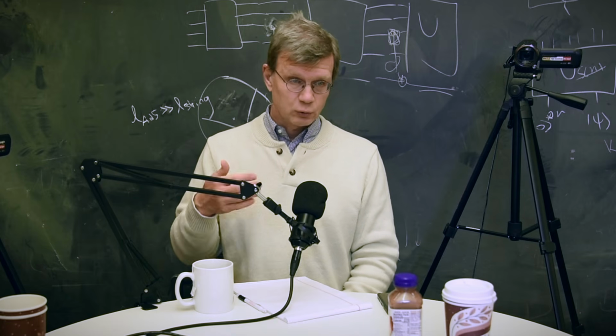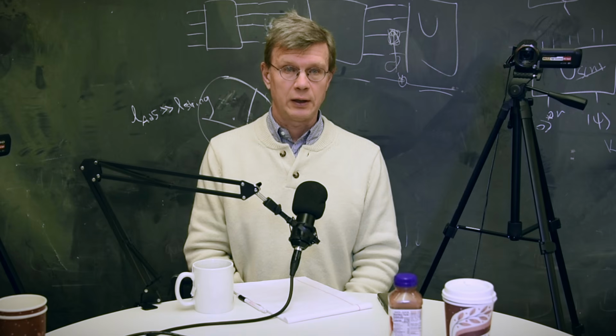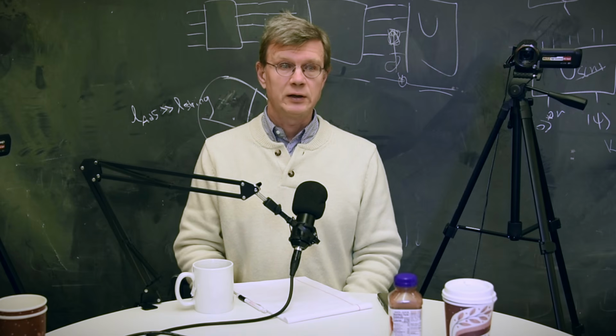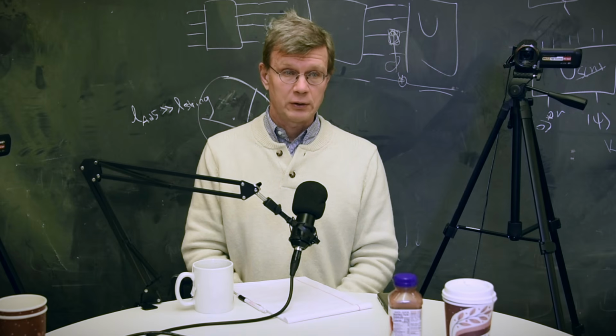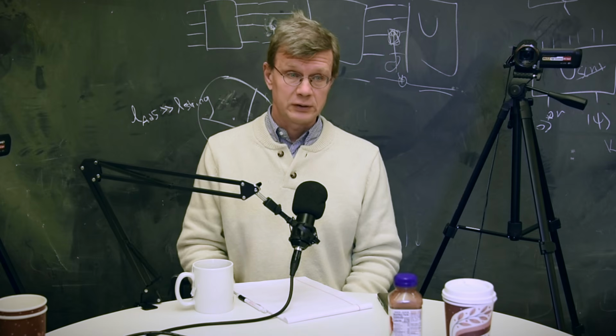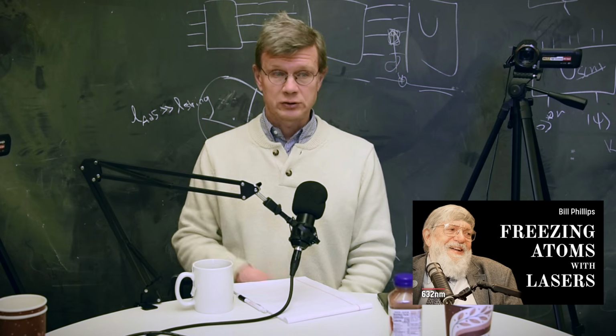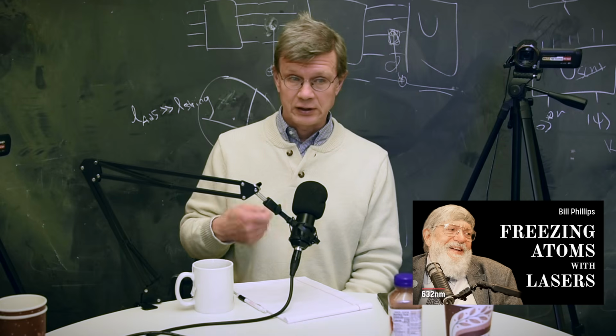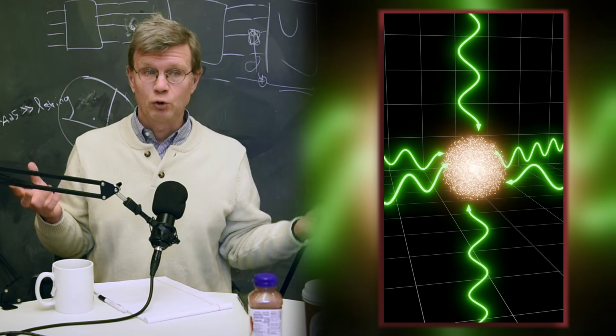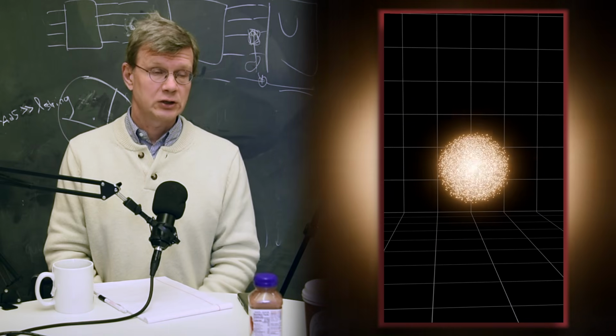The idea was to use light pressure, and these ideas eventually flourished into fields such as laser cooling and trapping. You can use lasers to bring atoms to a standstill. You can use lasers to create degenerate atomic gases such as Bose-Einstein condensates.